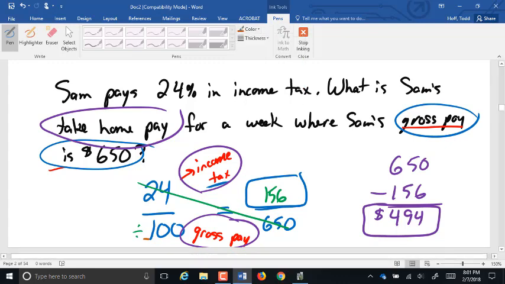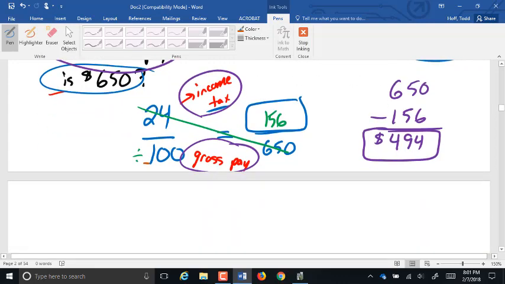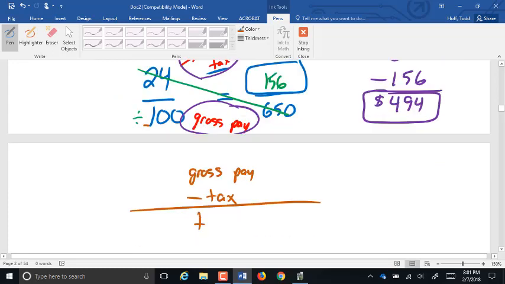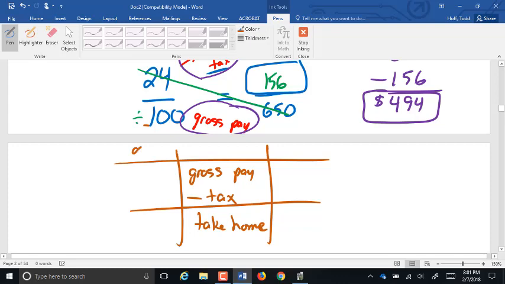Now, this question could have been answered with that chart thing too. We could have done gross pay minus tax equals take home. Percents and dollars.